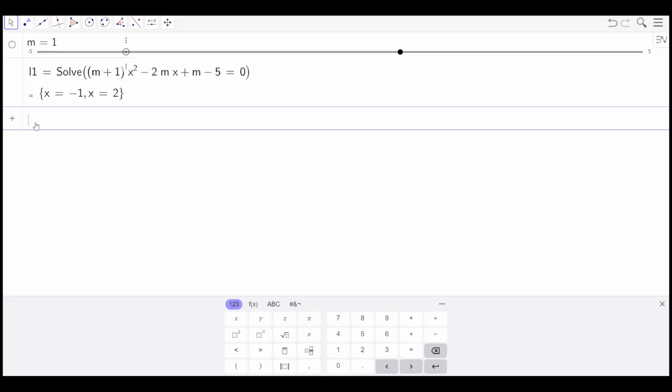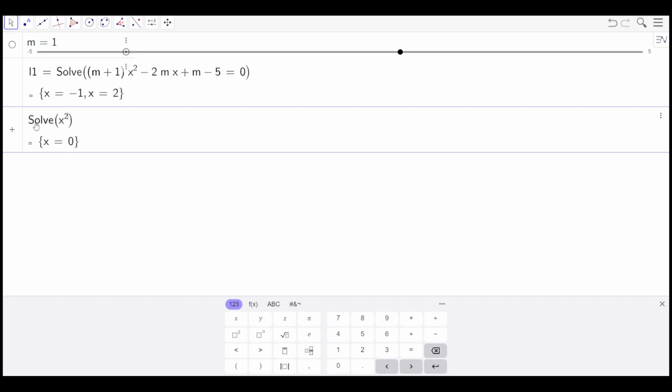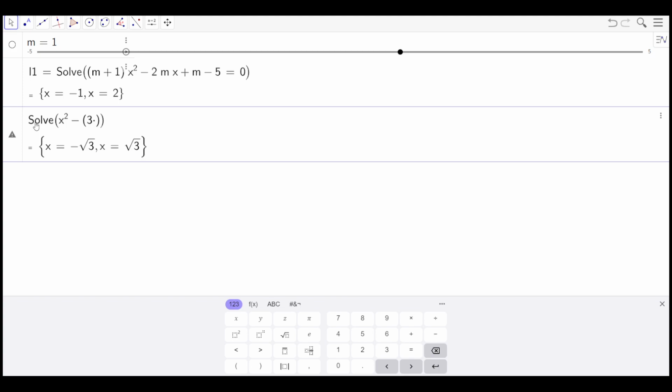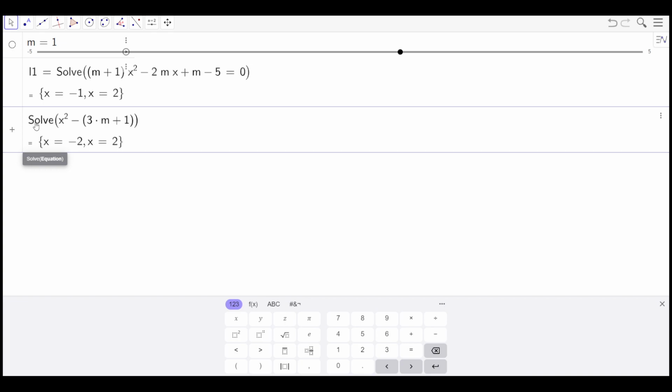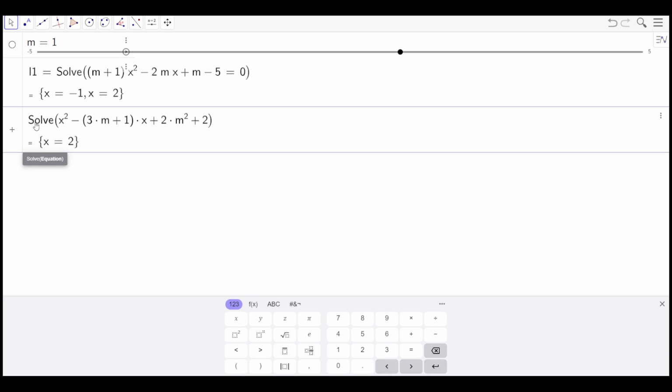This time, I will go and solve that equation. I type it in, x to the power of 2, and then I go minus 3 times m plus 1, and then I go outside x, and then what do I have at the end is 2m squared plus 2 times m squared, and then plus 2 equals to 0.